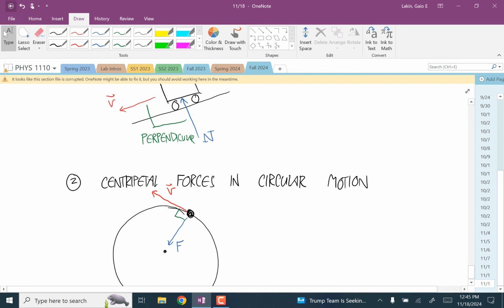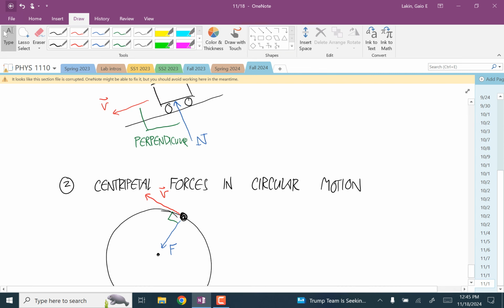So what that means is the problems that we're going to do are all going to be combinations of gravity, springs, rolling along surfaces, or circular paths with centripetal forces, which could be a normal force, or it could be a string or a cable holding it to the center of the rotation. Okay.